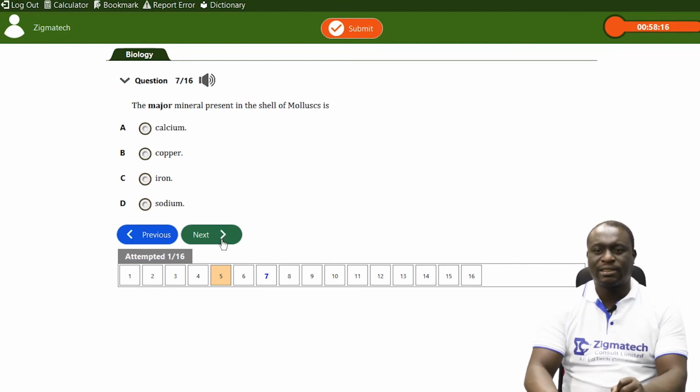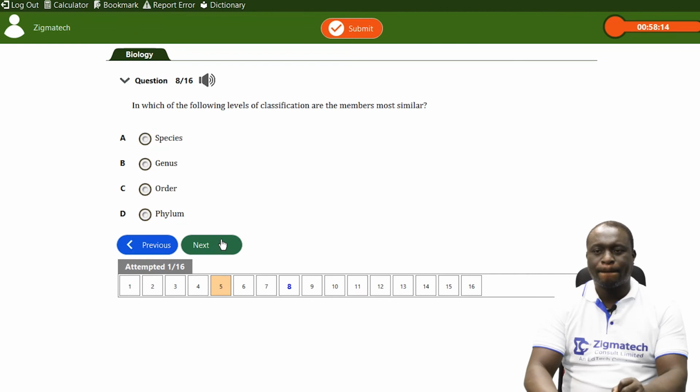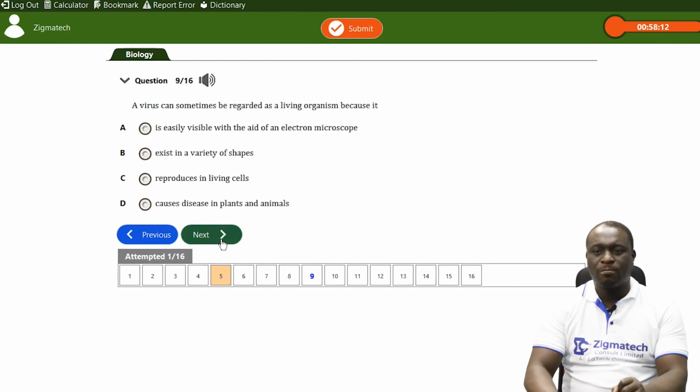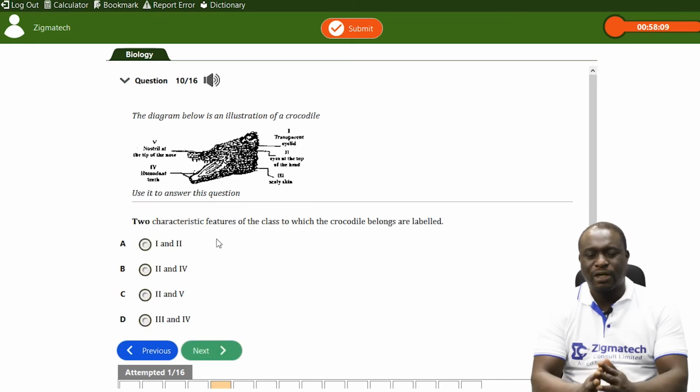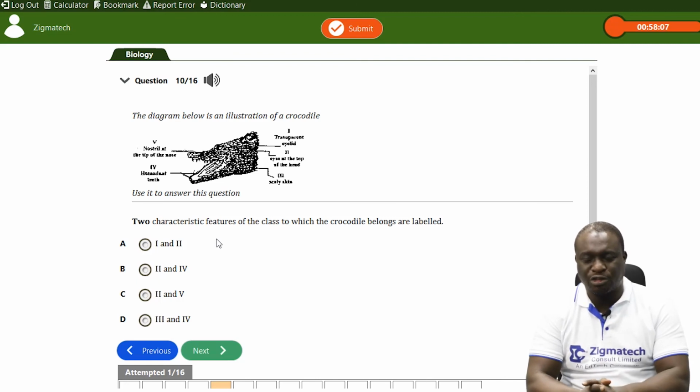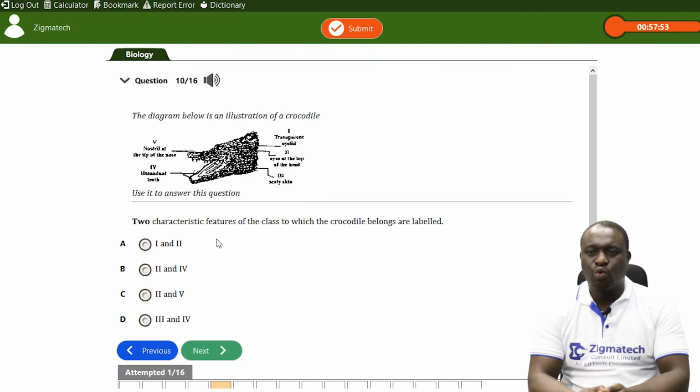Next is, okay, take a look at this last question we're going to be considering today. The question says, the diagram below is an illustration of a crocodile. Now remember, a crocodile is an example of a reptile. Now there are 2 characteristic features of the class to which the crocodile belongs that are labeled.